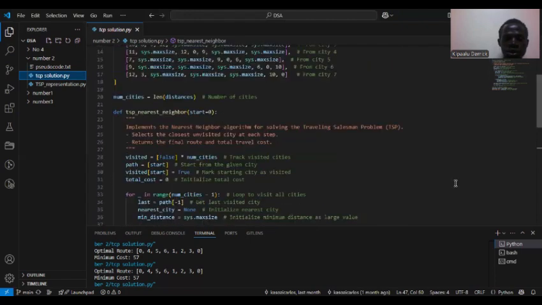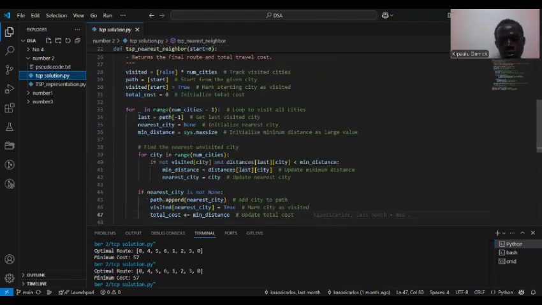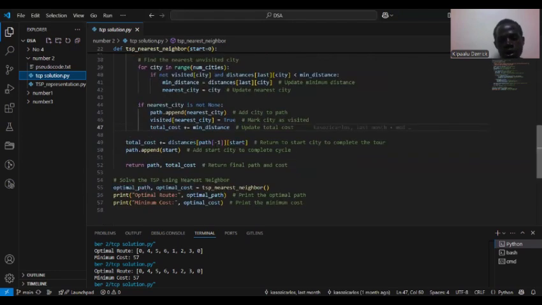This function implements the nearest neighbor algorithm for solving the traveling salesman problem. This is our main loop, and this is the other loop inside the main loop. On running this code, you get the optimal route as the optimal path and the optimal cost.